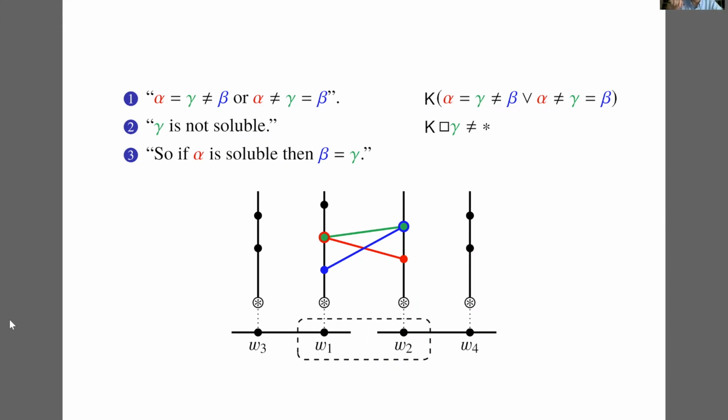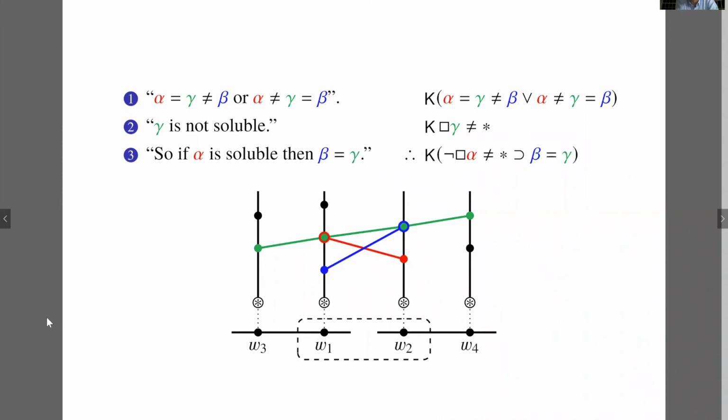I mean, gamma doesn't disappear when you put it in the water in W3 or W4. And then the last bit is, therefore, if alpha is soluble, you get a negation of alpha is not soluble, then beta must be gamma. Okay, so this is the formalization of the original inference in the intentional logic that I was talking about.